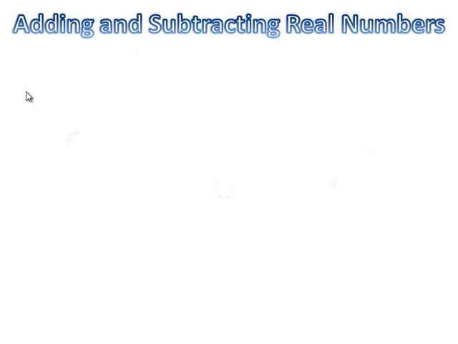Okay, let's take another example. Let's say we have -3 plus -7 in parentheses. Okay.